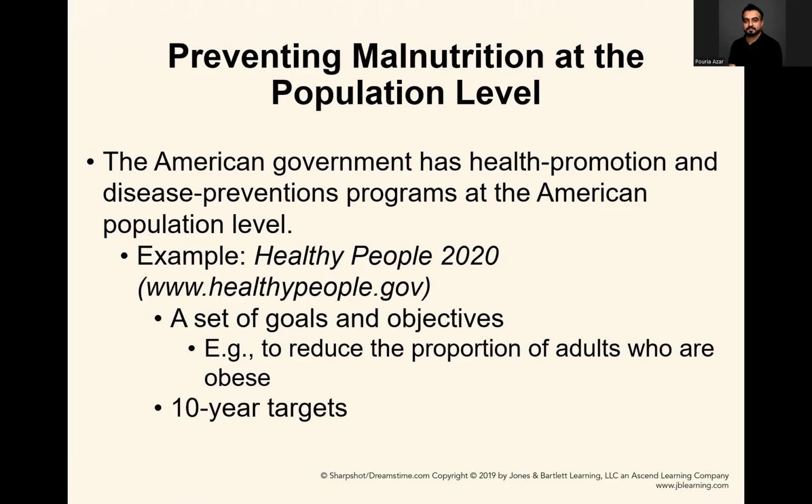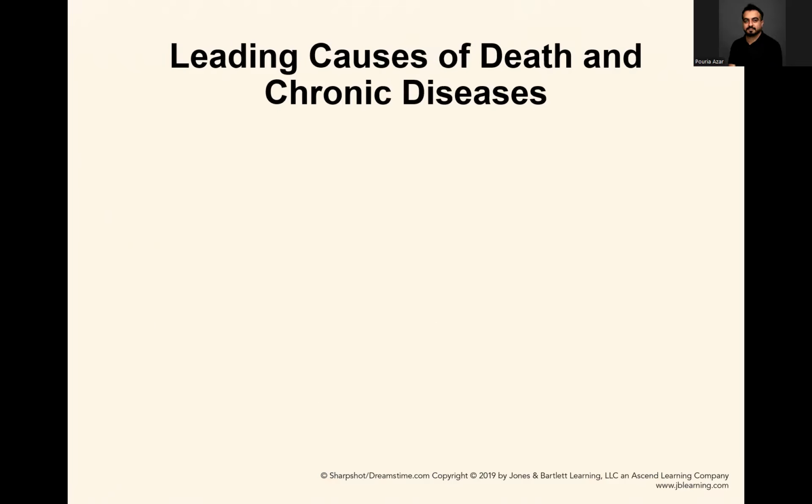These programs are really crucial. They are funded and implemented by the government and then by the states, and they gather data to see where they fall short, and then they can fund those areas more in the future to prevent those conditions or health problems.